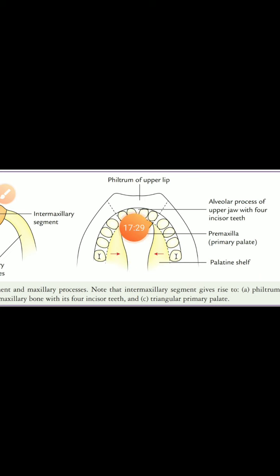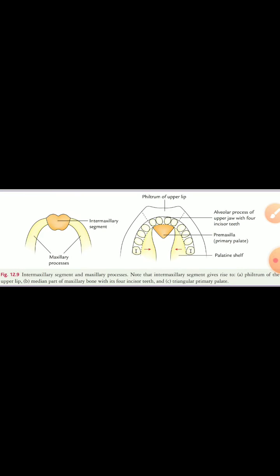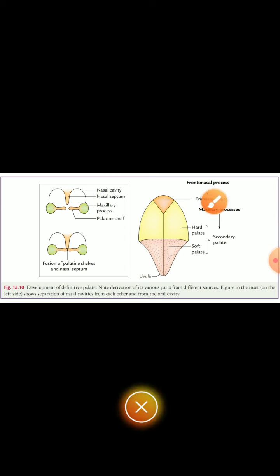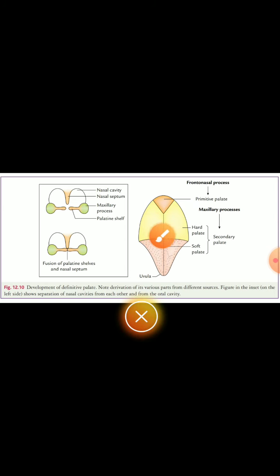So this is the primary palate, and this is the palatal shelf that you can see. The incisors develop from this intermaxillary segment, which also gives rise to the philtrum, maxillary bone, and the triangular primary palate. So this is how the palate appears.